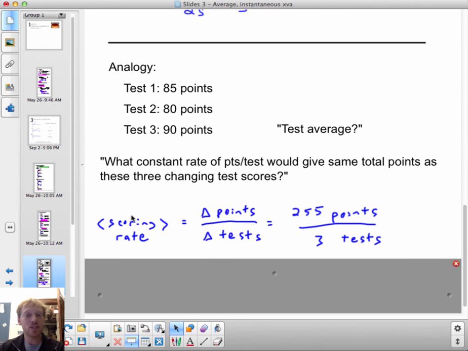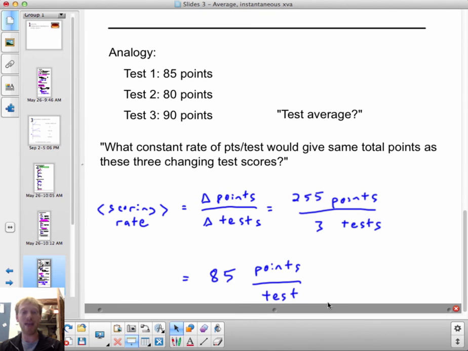Your average rate of scoring is equal to the change in accumulated total points over these 3 tests, divided by the change in tests you had accumulated. So that's 255 total change in points. You went from 0 accumulated points to 255 of them as you accumulated the experience of 3 tests. So your average scoring rate is 85 points per test. That is what a test average is.